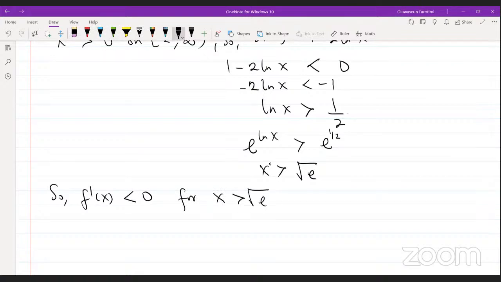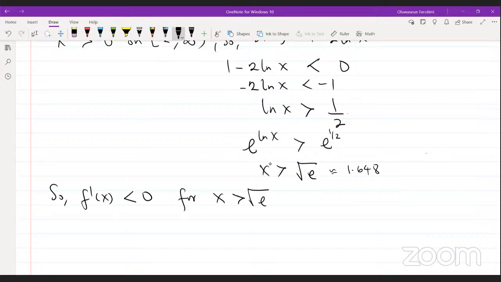Now there's something to check, okay? What kind of number is e? Remember, e is like 2 point something, right? The square root of e is approximately 1.648. Good.